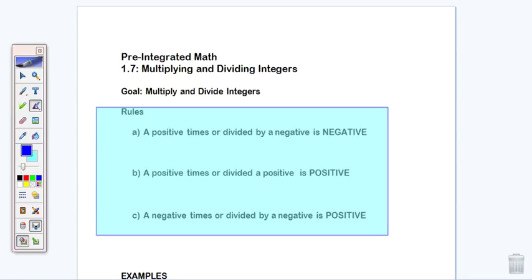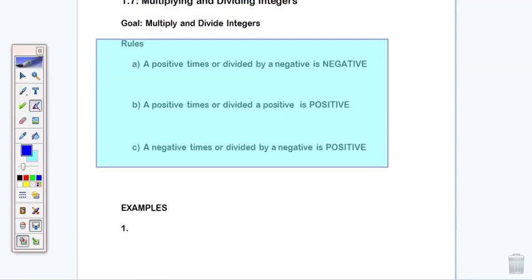Okay, so I like to make some notes on this right here. I think it's important. Anytime you're multiplying or dividing, a positive and a negative equal a negative, okay?